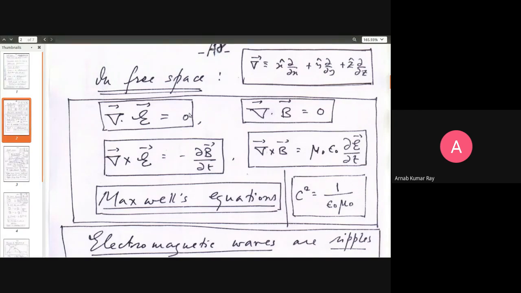Of course, there is a little something on the right-hand side in general. The first equation will have rho by epsilon naught, and the fourth equation will have mu naught J, that's Ampere. And rho by epsilon naught is Coulomb, restated through Gauss. So basically, all that we have done is establish the fundamental laws of electromagnetic theory.